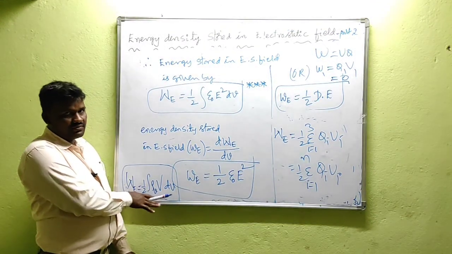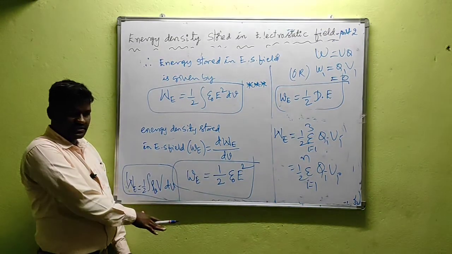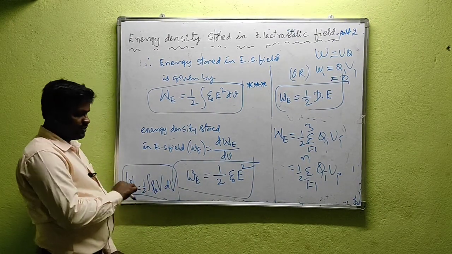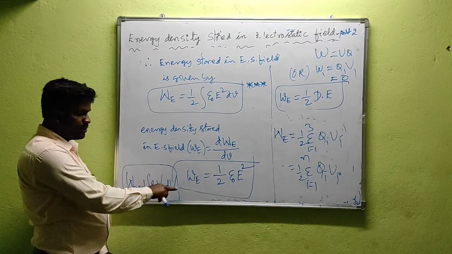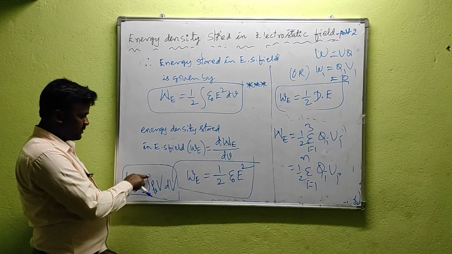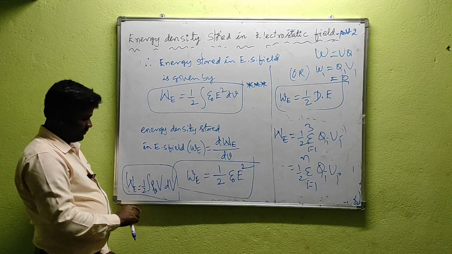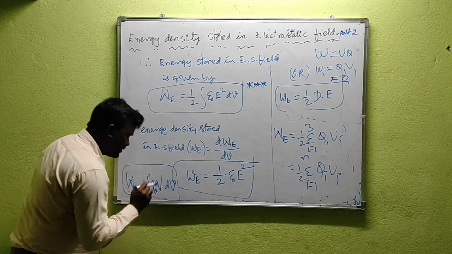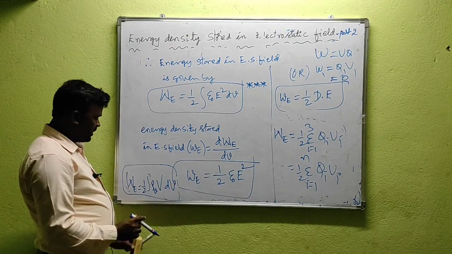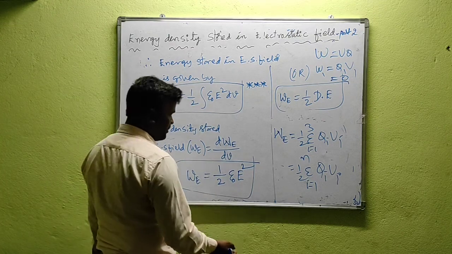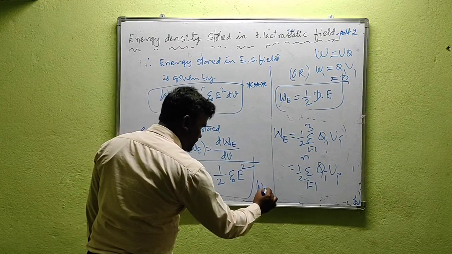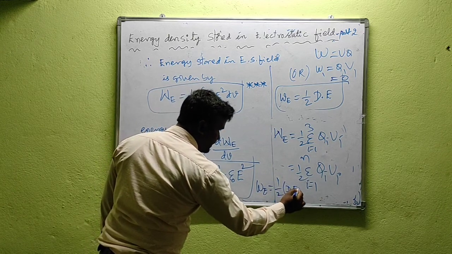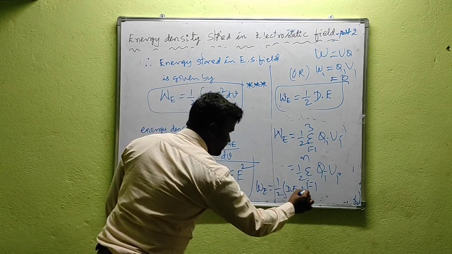If the charge is a continuous distribution, that is volume charge, not n point charges, it is energy stored due to the volume charge, that is Q equals integral rho v dv, where v is small v. If you simplify this one, we get WE equal to 1 by 2 integral D dot E into dv.